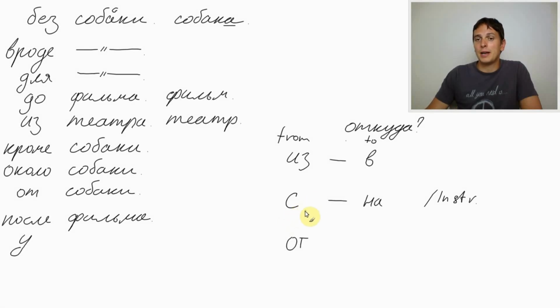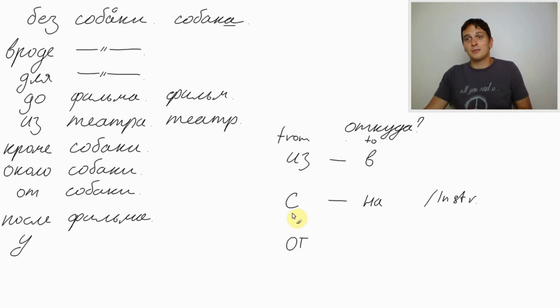So don't be surprised if you see с кем-то, with somebody, and с followed by a word in the instrumental case. If с has the meaning with, then we use it with a different case. We'll learn it later on. However, for now, I will only present it to you in the meaning from. So из, с, and от mean from. I'm answering the question откуда, from where. Important question, also write it down for yourself.